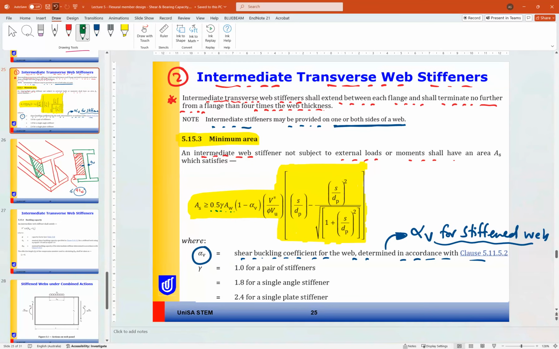Gamma can be taken as 1 for a pair of stiffeners, 0.8 for a single angle stiffener, and 2.4 for a single plate stiffener. So if you have stiffeners from both sides, or a pair of stiffeners, gamma is 1, 0.8 if it is a single angle, or 2.4 for a single plate.